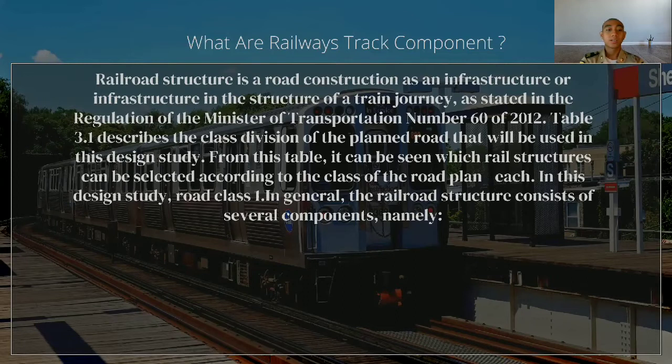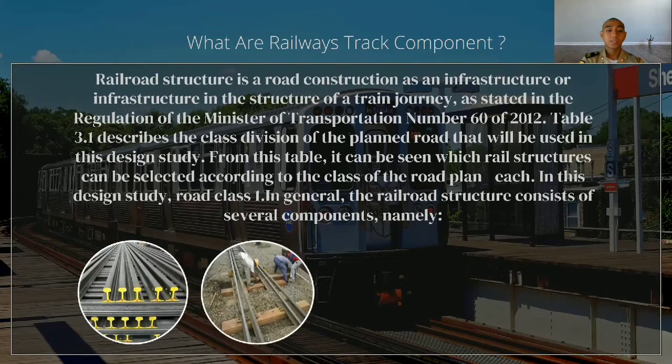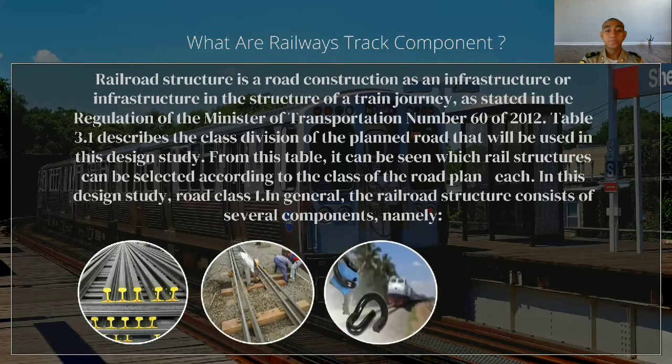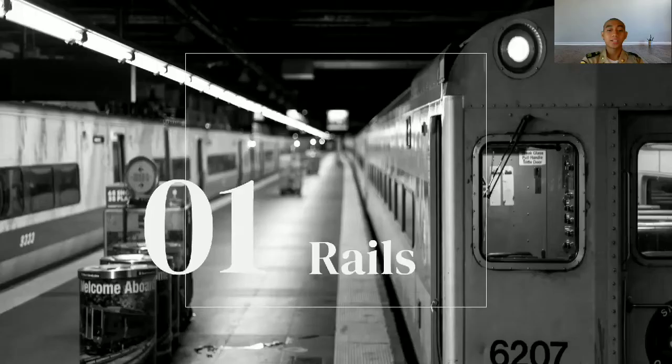In this design study, road class 1, in general, the railroad structure consists of several components, namely rails, sleeper, fastener, and ballast. And the first is rails.